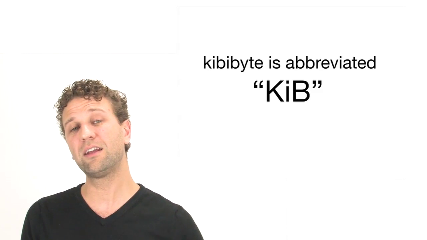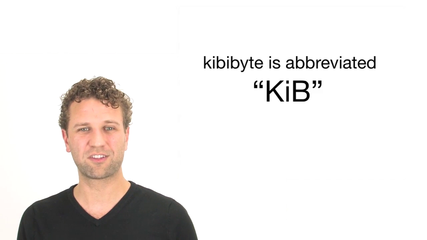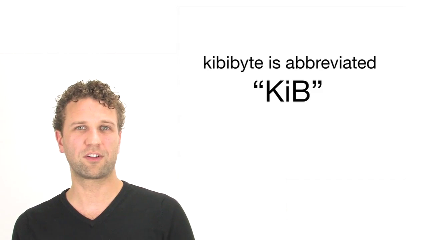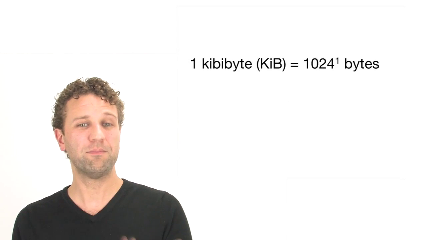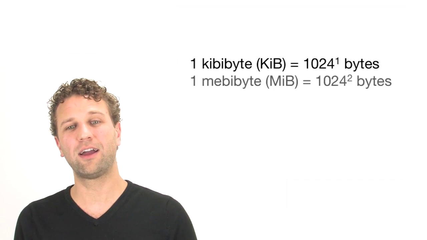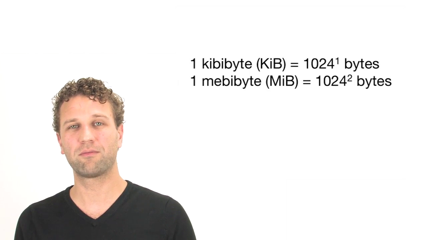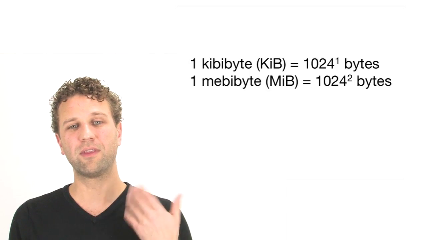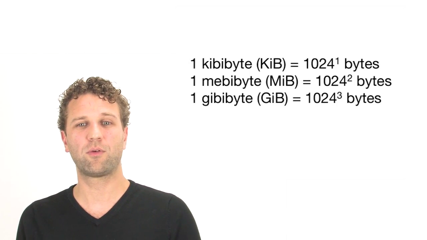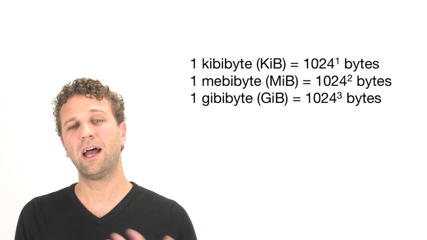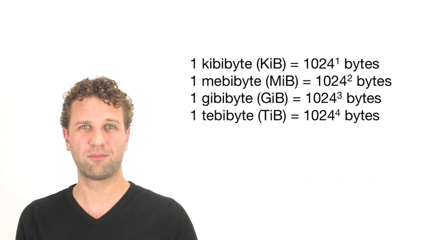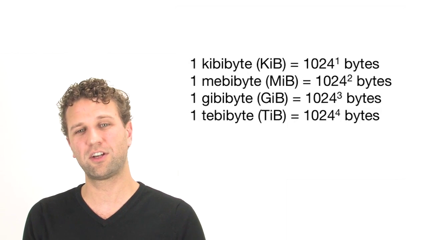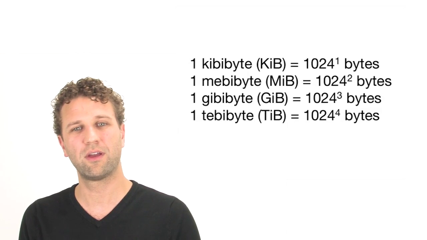The k in kilo is lowercase. So here are the other prefixes and their abbreviations. Mebibyte, capital M, lowercase i, is 1024 times 1024, right? 1024 squared. Gibibyte, for the billion range there, and tebibyte for what we commonly refer to as a terabyte, which is 1024 to the fourth.